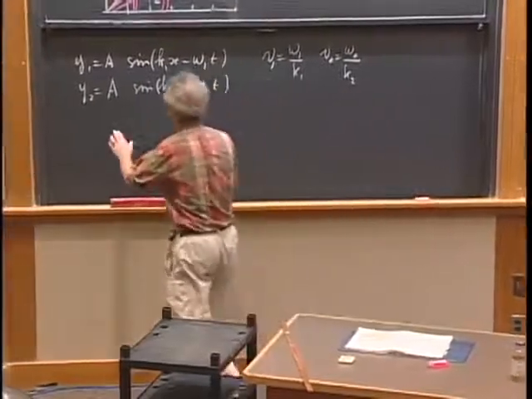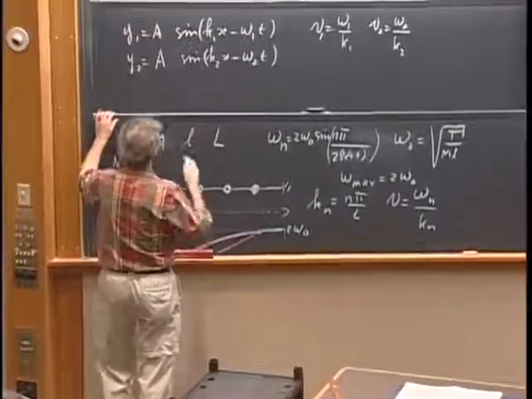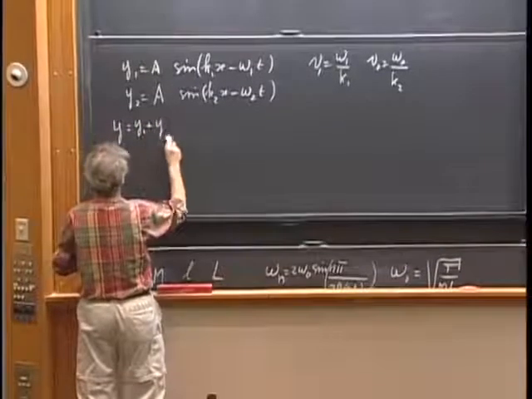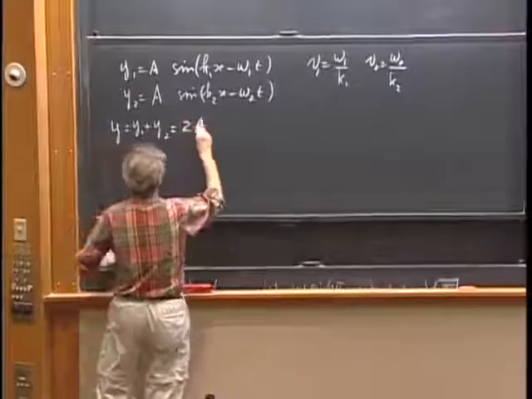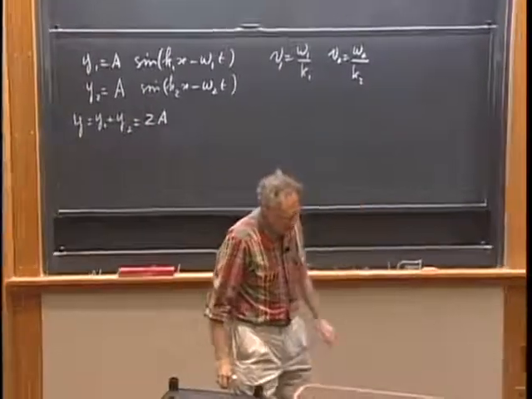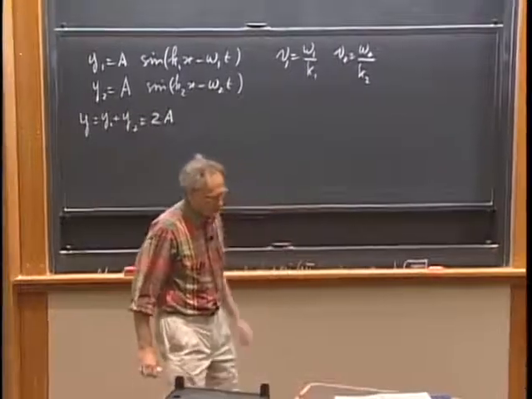So I want to know what y is, which is the sum of the two. So y is y1 plus y2. So that becomes 2a times the sine of half the sum times the cosine of half the difference.